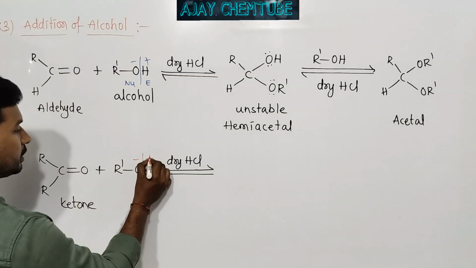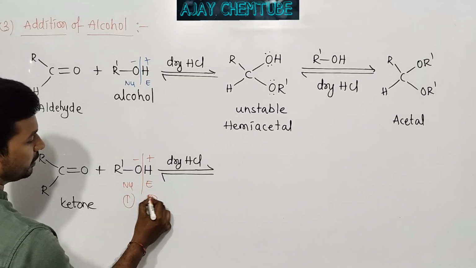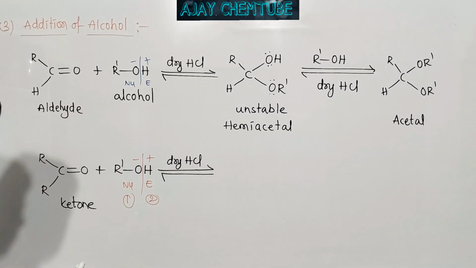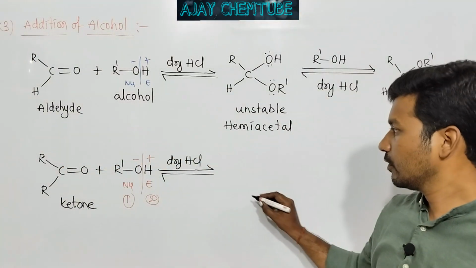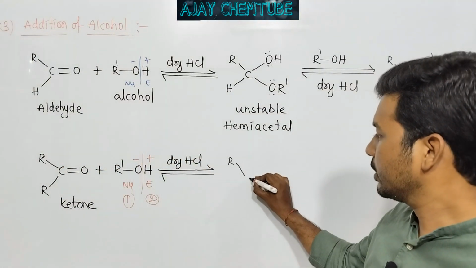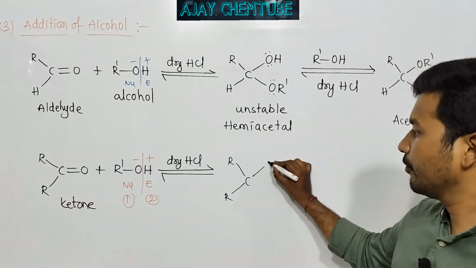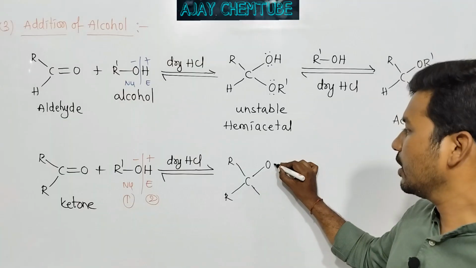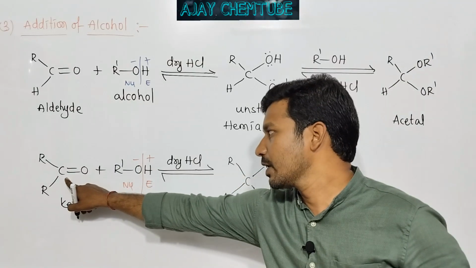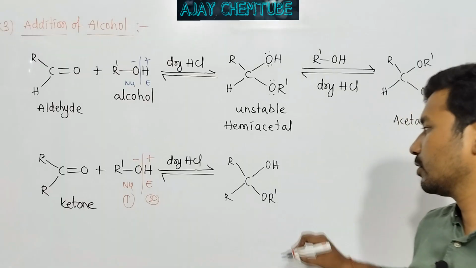This is minus, this is plus; nucleophile is added in step 1, electrophile in step 2. Both I will write in one step. Then what you get? R as it is. This O becomes O minus, to which H is added. Carbon becomes positive, to which OR is added.